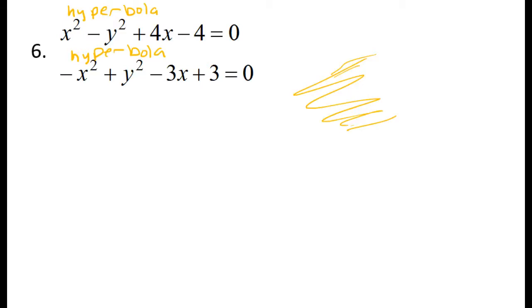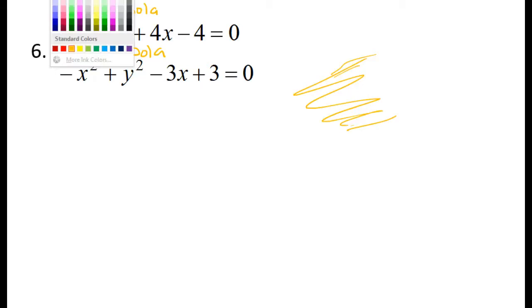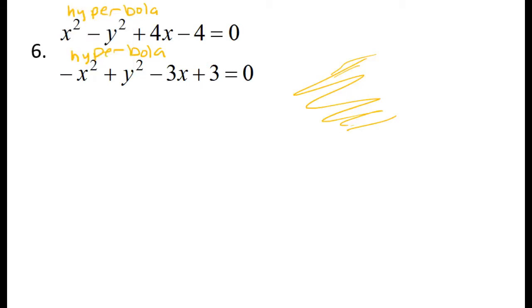When you want to solve a system, our choices are substitution or elimination. Elimination would really work best for this problem. For elimination, we want opposites that cancel, and it's already set up that way. The x squared and negative x squared, and we have y squared and negative y squared.